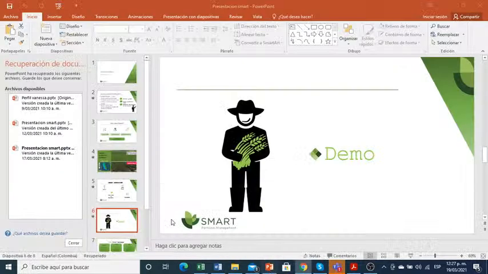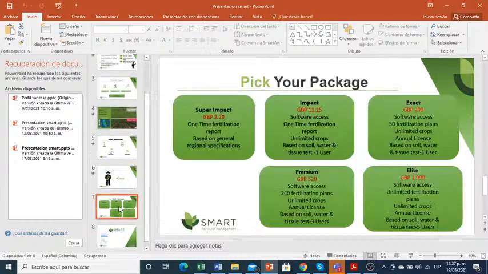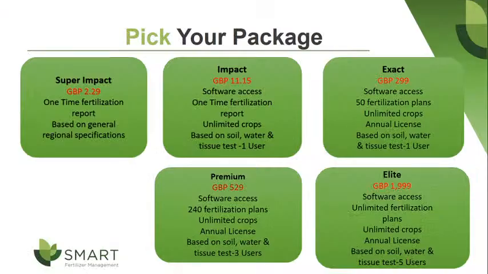So now I just want to show you about our license. So we have this Impact, where you will have one fertilization plan and one crop. So you can have just one.